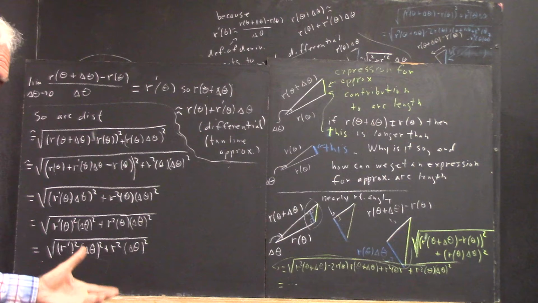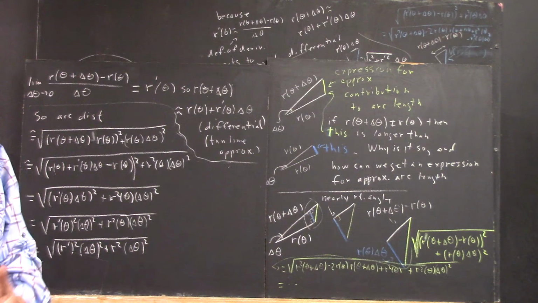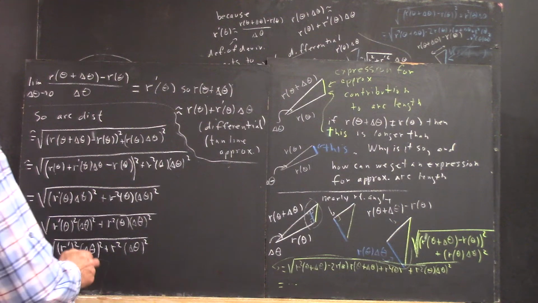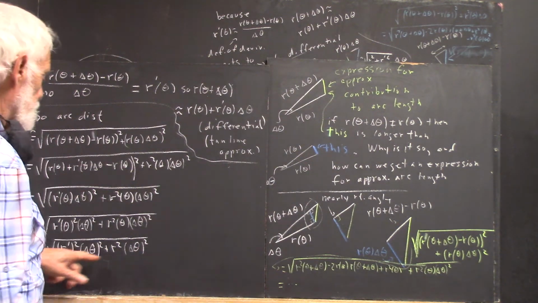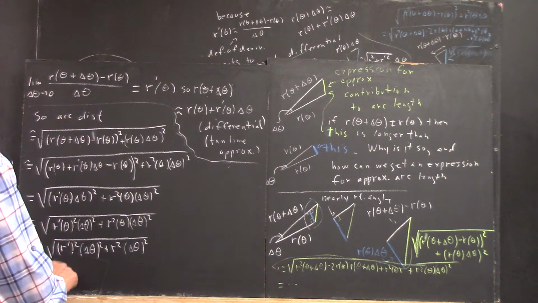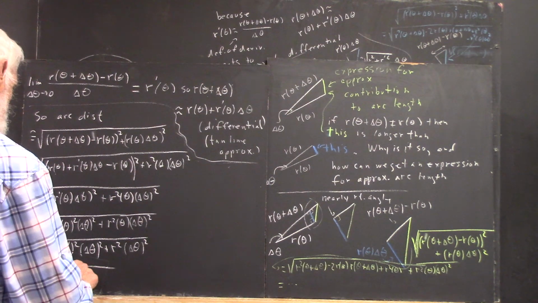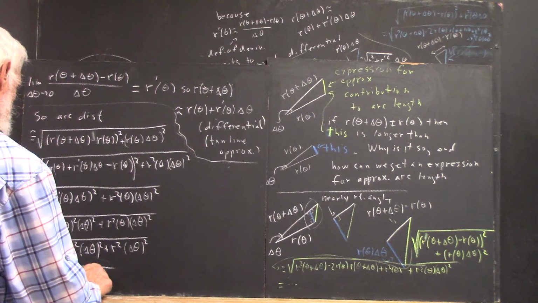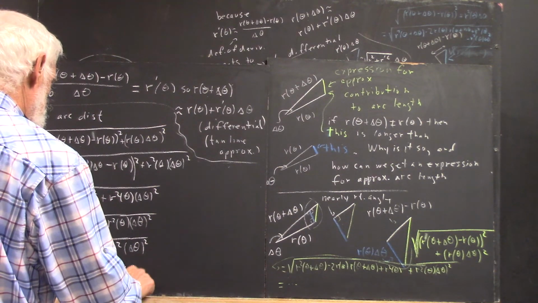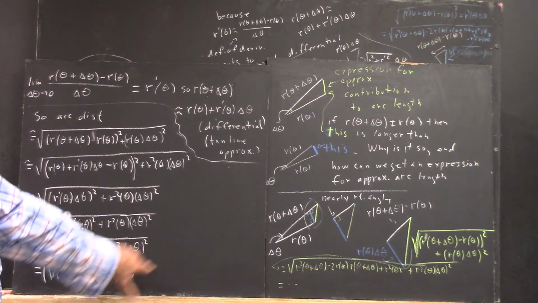Now, how do we simplify this expression? Well, if you've done a sufficient amount of simplification in intermediate algebra, much less pre-calculus or anyplace else, you see that you can factor out delta theta squared underneath the radical, which is the same as having a delta theta outside the radical.